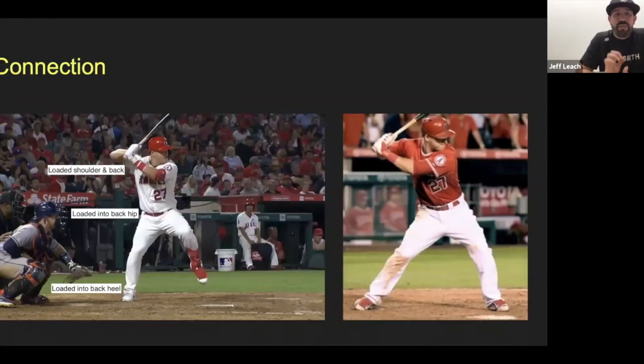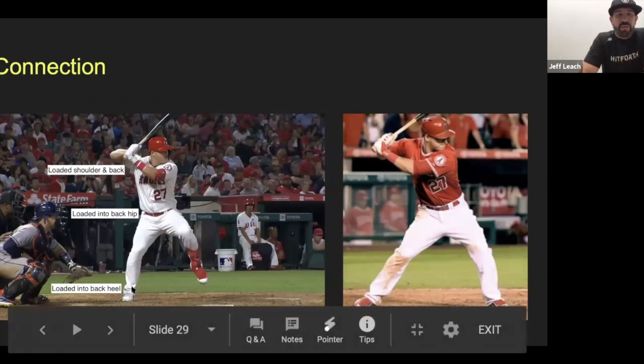Connection is how we load and how we stay loaded as a hitter. If you look at the picture of Trout right here on the bottom left, he's loaded into the back ankle. His back ankle is on the ground right here. His hip is coiled, so he's got load into his back hip, and he's got drawback in his upper body.